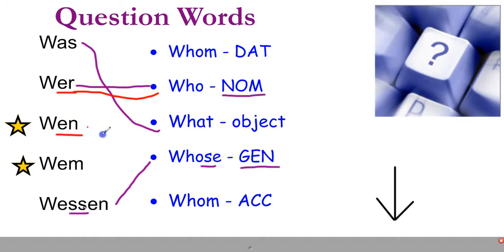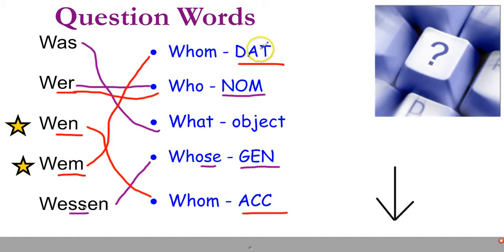So der, die, das, die, den, die, das, die. Okay, that's accusative case, right? Der, die, das, die, den, die, das, die, dem, der, dem, den. So this would be the dative case, whom. So we utilize whom, wen, when it is the direct object of the sentence, so accusative case, or used with an accusative case preposition.